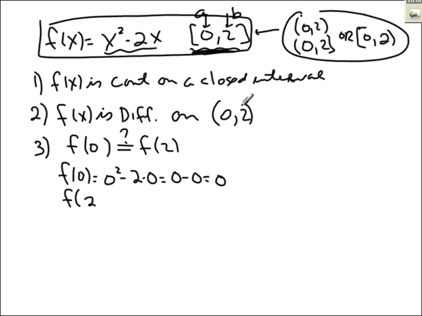And f of 2 is 2 squared, which is 4, minus 2 times 2, which is 4. And 4 minus 4 is 0. Since these are both equal, we satisfy condition number 3. Now, and only now, do we bother to find the c value.